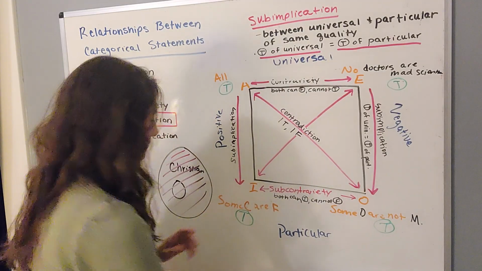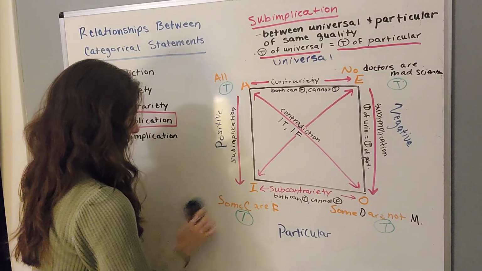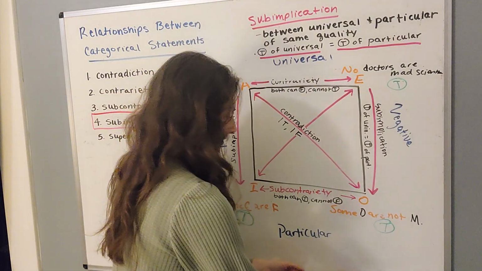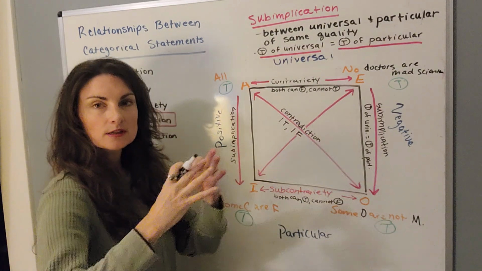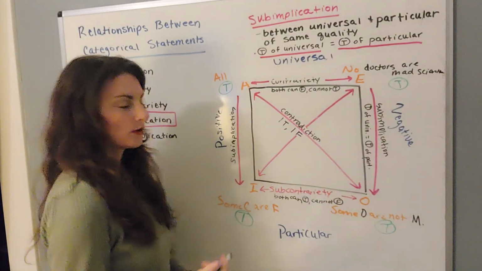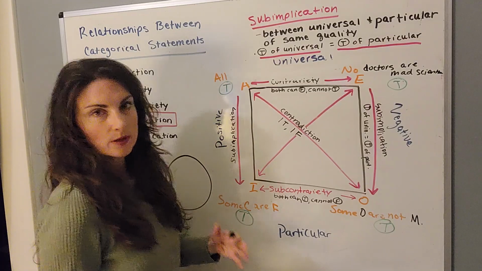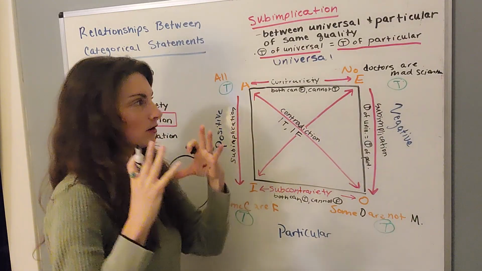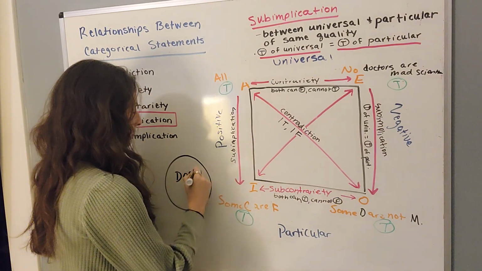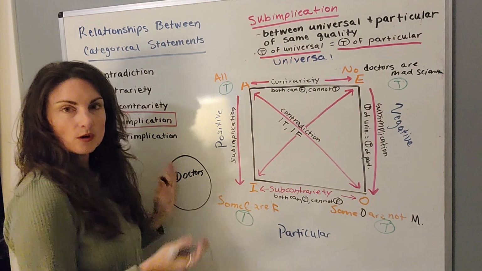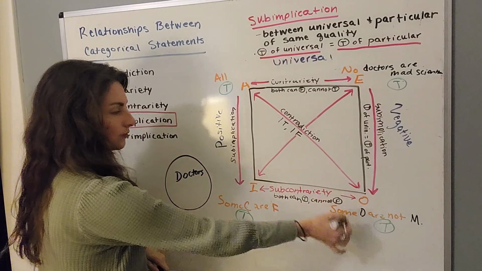Now, let's look at our picture again with a different one to show what this looks like where we say no and some. Remember, the universal is talking about the entire group of the subject. Now it's excluding them from something, but it's still collecting all the doctors and putting them together to say something about them. So here's all the doctors in the world. Now, we've got some.